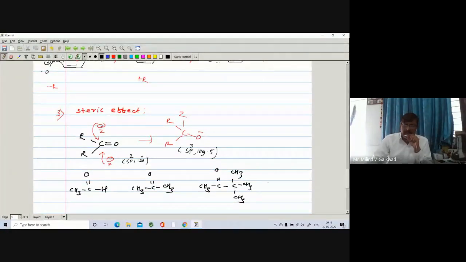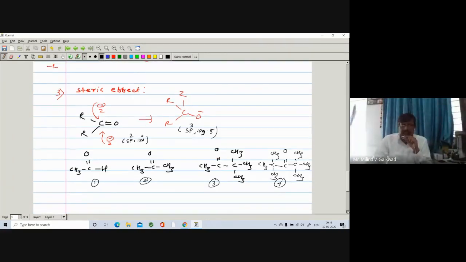Similarly, we can replace the first methyl group again by a tertiary butyl group. So you have such types of compounds: compound number 1, compound number 2, compound number 3, and compound number 4, right?